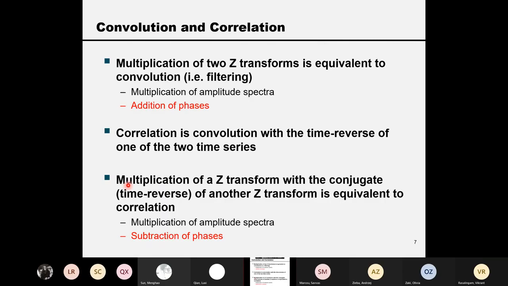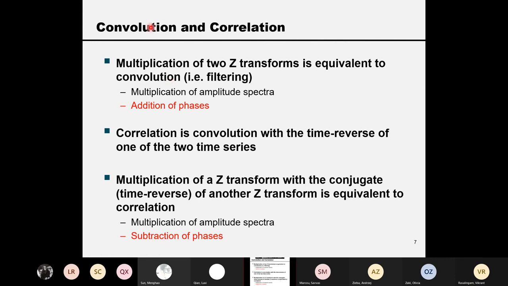For the correlation in the Z transform domain or Fourier transform domain, it is a multiplication of one Z transform with a conjugate of another Z transform, right? Conjugate means you change the sign in front of the imaginary symbol. So for the amplitude part, you just multiply two amplitude spectra, but for the phase, you will implement subtraction here.